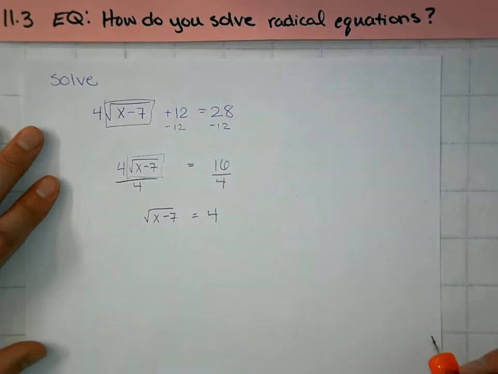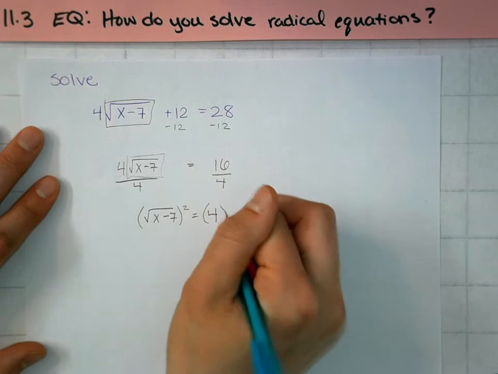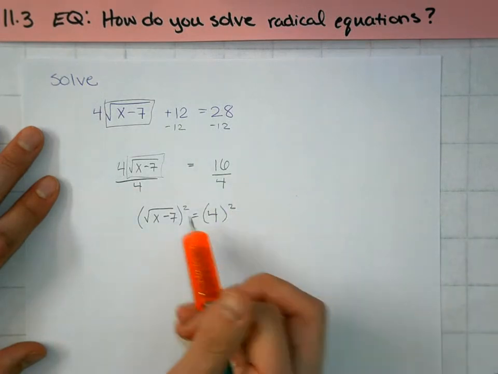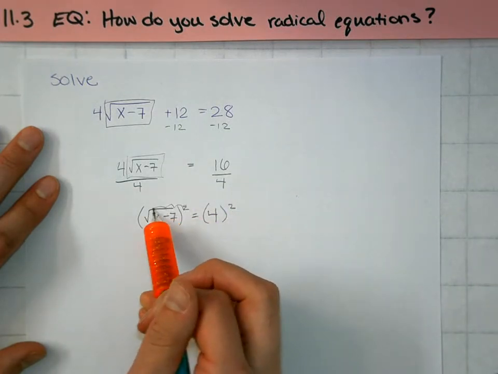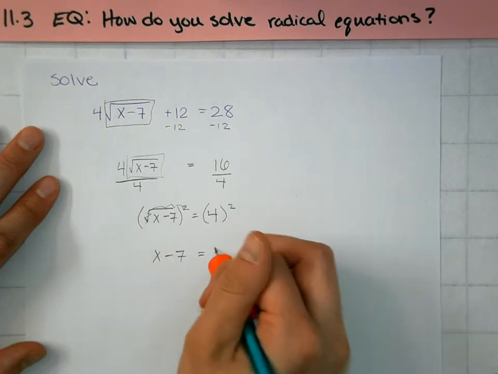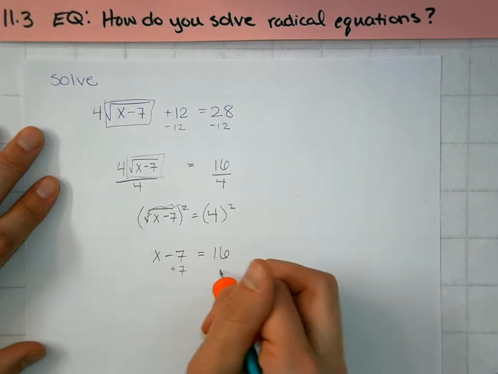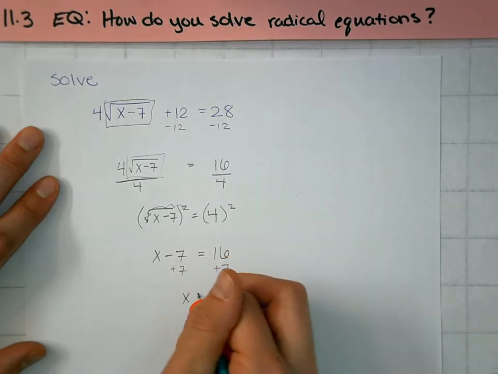Now that your square root is alone, you square both sides. And squaring cancels your square root. And then solve for x.